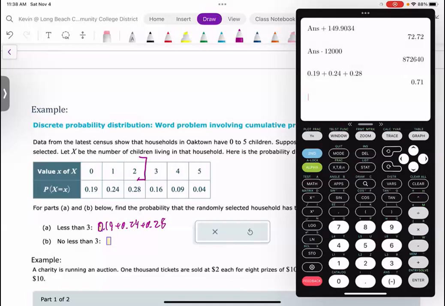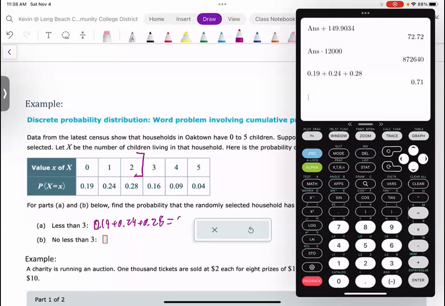It looks like we're looking at about 71% have less than 3 children.